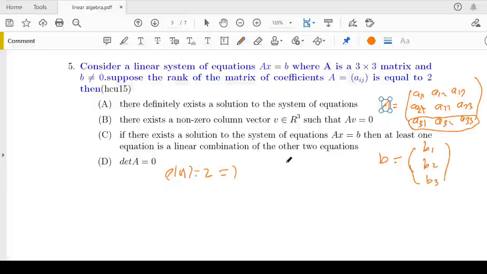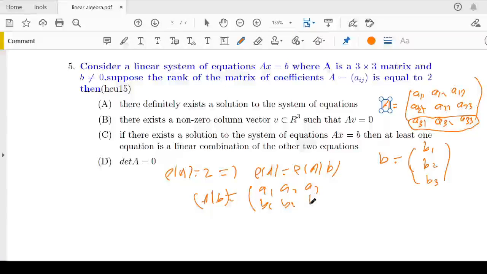If this system has a solution, then the rank of A and the rank of the augmented matrix are both equal. But we know that after echelon form, the third row is equal to 0. Therefore, the augmented matrix is A1, A2, A3, B1; B1, B2, B3; 0, 0, 0.